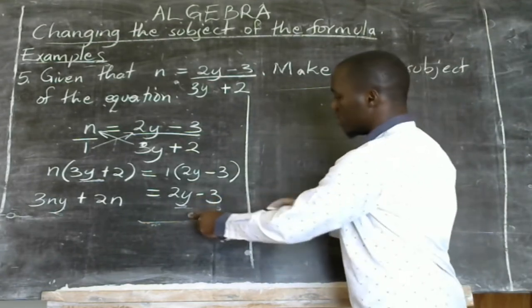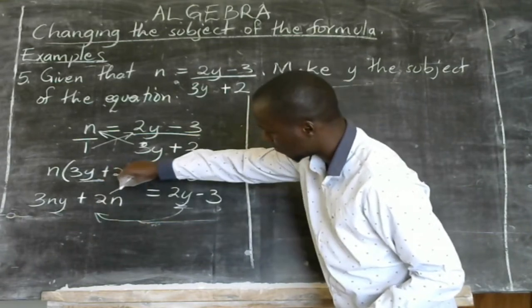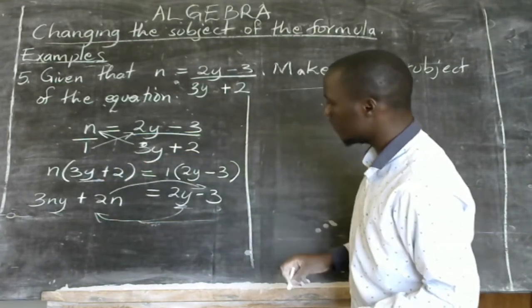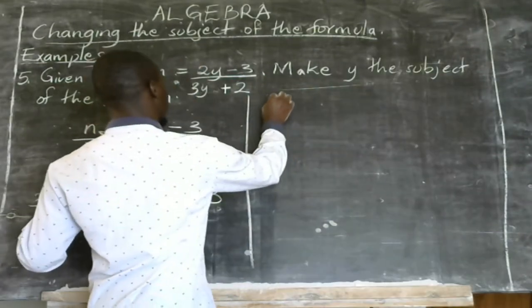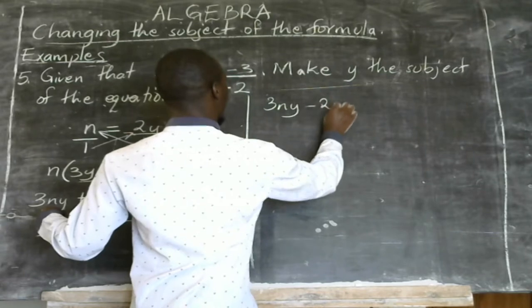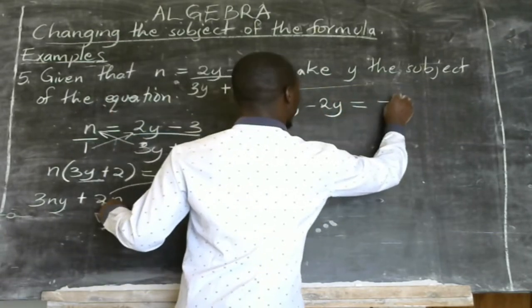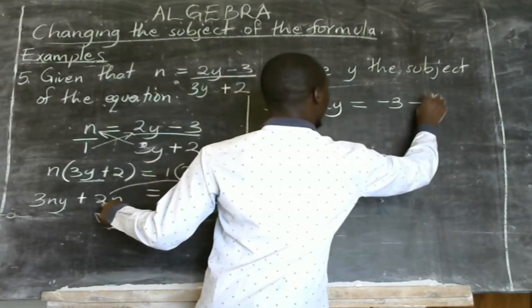So when I take this one, the other side, then I bring that one this side here, I'm having 3ny then minus y is equal to the negative 3, then minus the 2n.